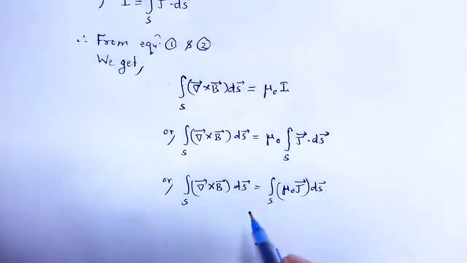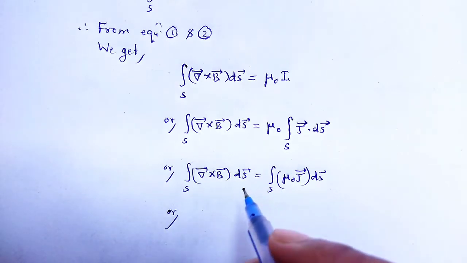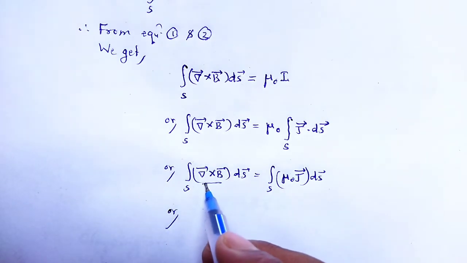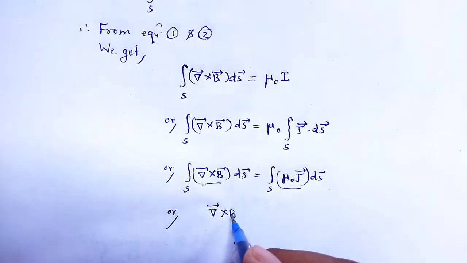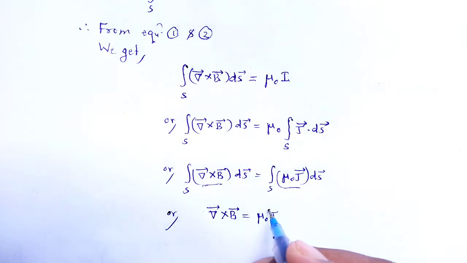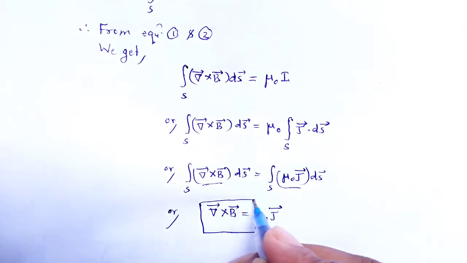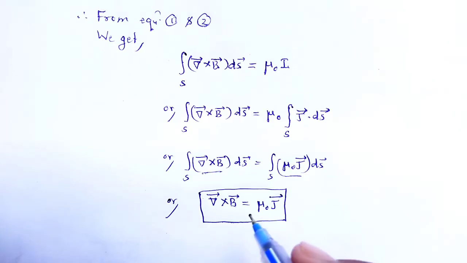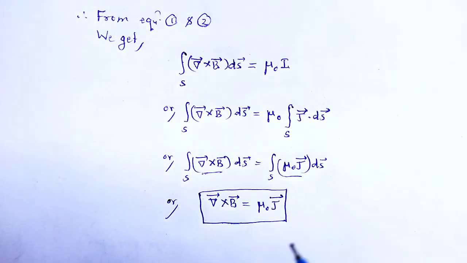Now from these two integrals, for equalization, that term is equal to this term. So grad cross B is equal to mu naught into J. So the curl of that magnetic field is equal to mu naught times the current density.